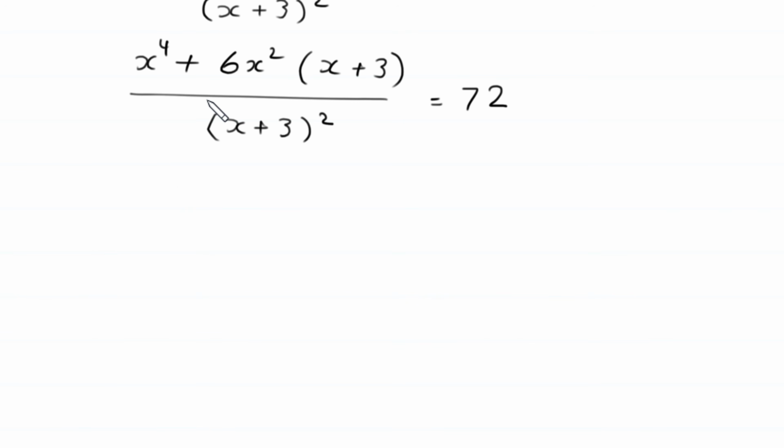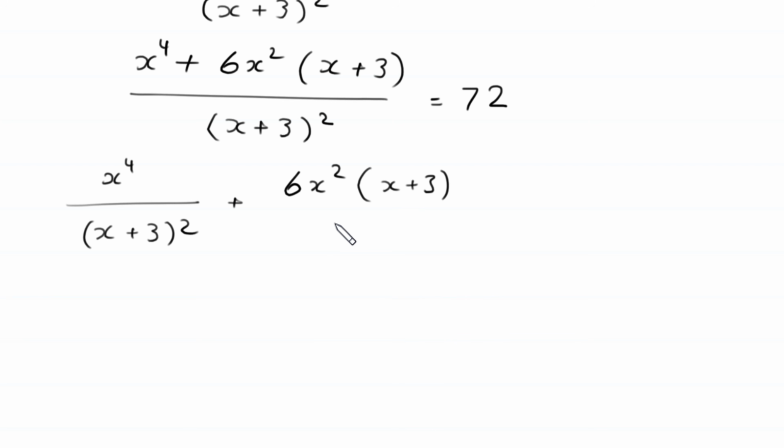Now this expression at the left hand side can be written as x to the power 4 divided by (x plus 3) whole squared plus 6x squared times (x plus 3) divided by (x plus 3) whole squared is equal to 72.